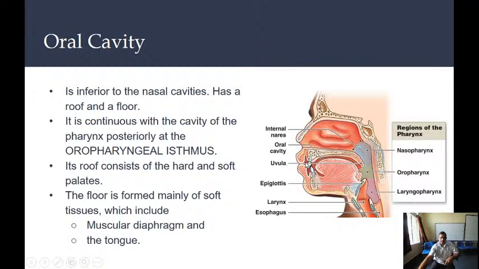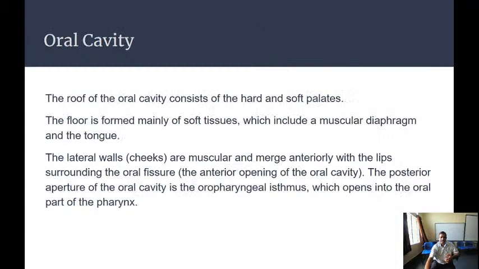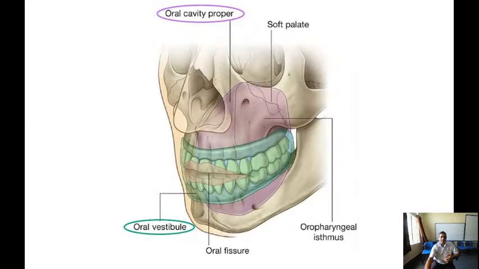The vestibular part is the space between the lips or the cheeks, being separated by the upper and lower arches, the maxillary and the mandibular.